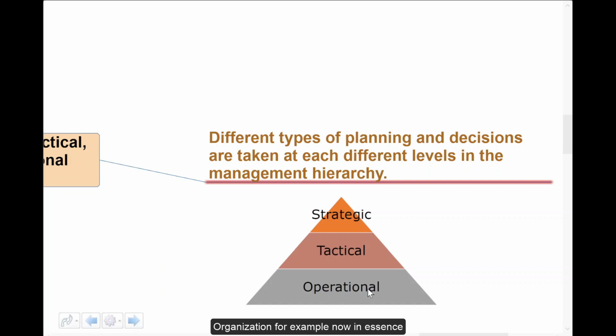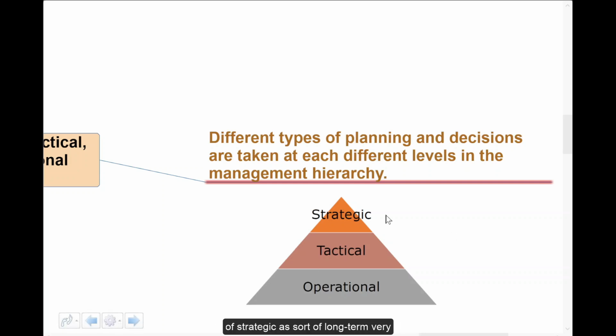Now, in essence, what we need to have within any organization for management accounting purposes is alignment, or if you will, congruence between these areas. What we've got to make sure is the strategic plans at the top cascade down through middle management, i.e. tactical, and then again down to the shop floor or day-to-day activities.